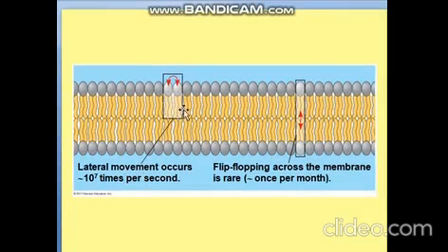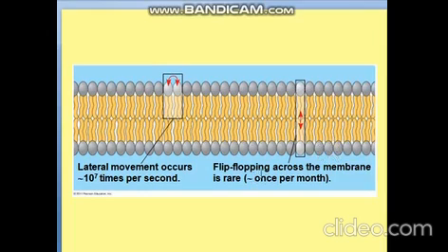So in lateral movements, this molecule can go here and this molecule can go here, and here this is a flip-flop movement of the lipid molecules. So this molecule can go here and this molecule can come here. So sometimes they can cause some mutation as well. There are some rare diseases that can originate because of abnormal movements.